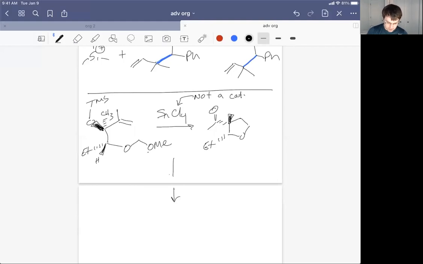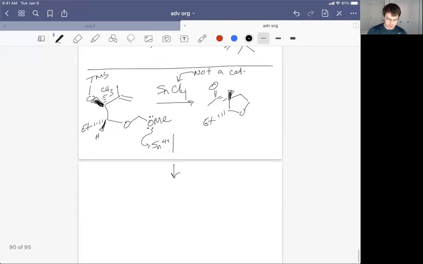So we'll let this oxygen engage tin 4 to give us what is actually called a stannated intermediate, because tin is Sn.